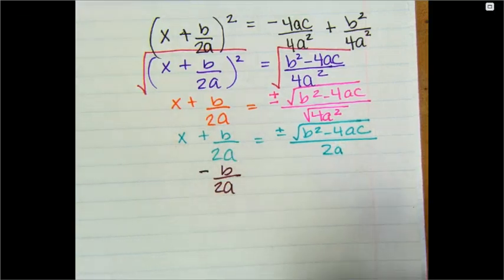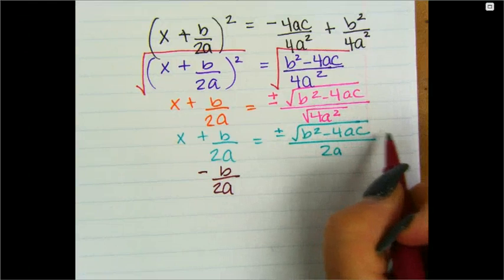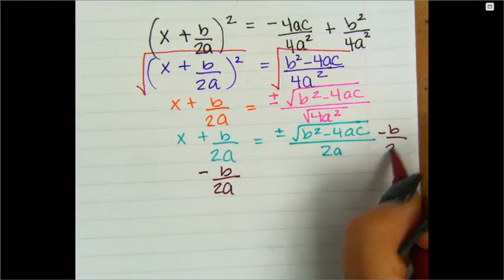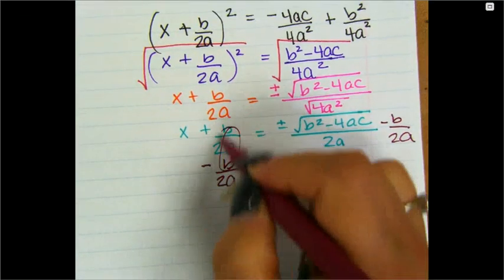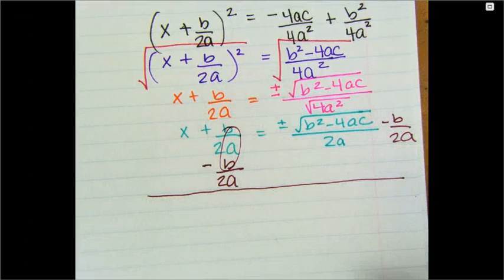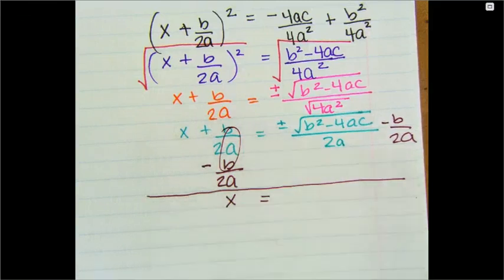Now, since it's a fraction, and this is a fraction, I'm going to put it on the side over here. So minus b over 2a. You okay? Double fraction, so I just moved it to the other side. Well, I know this is 0. Good. I know this is just x equals.